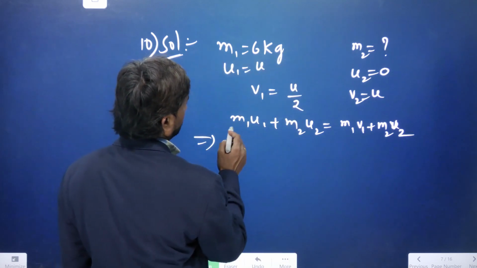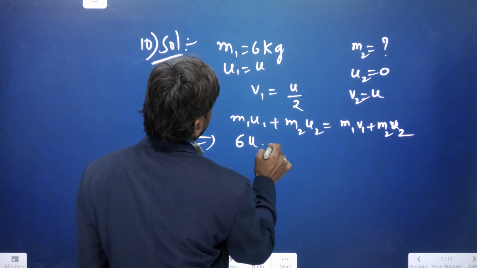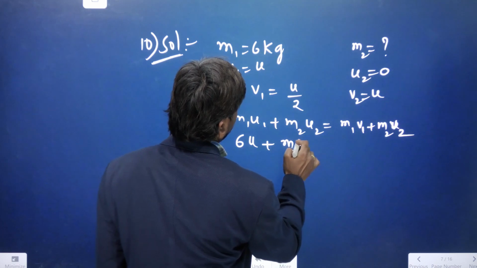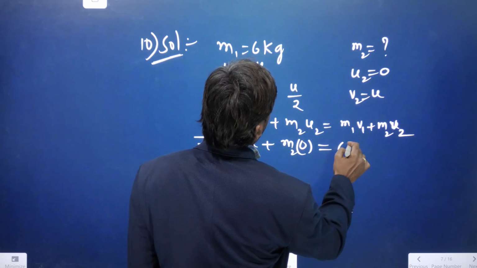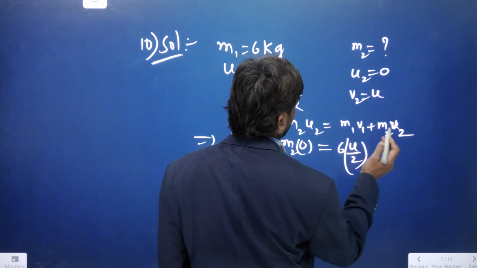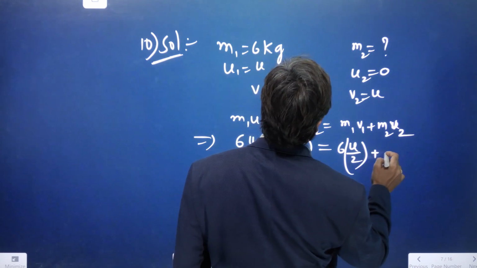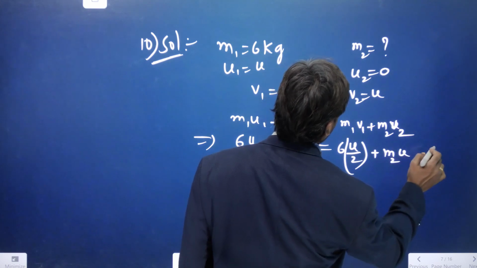What is given here: 6 kg, so 6u, plus m2 into 0, equals m1, which is 6, into v1, which has become u by 2 in the same direction. We should find m2. And v2 has become u.